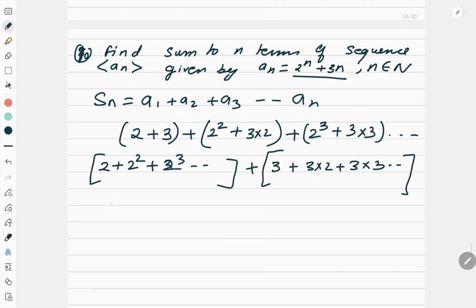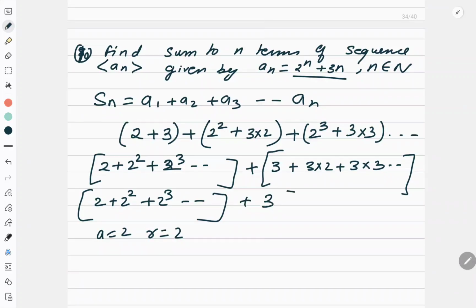So now 2 plus 2 square plus 2 cube is very clearly a GP with a is equal to 2 and r is equal to 2. Here if I take 3 common, I am left with 1 plus 2 plus 3, which is nothing but an AP, with first term 1 and common difference equal to 1.